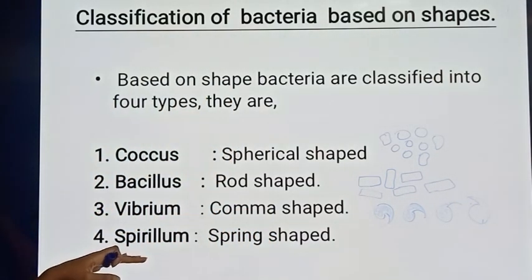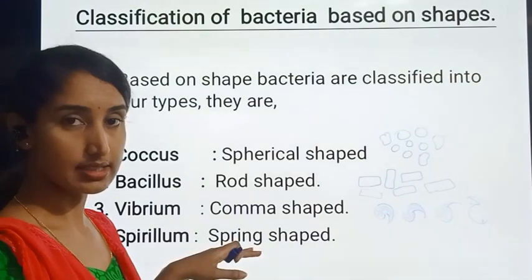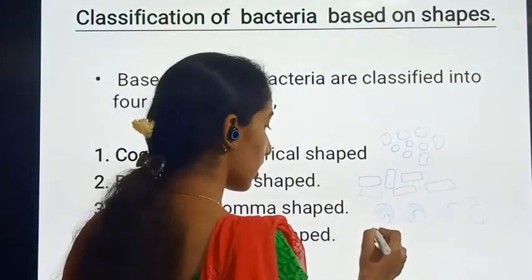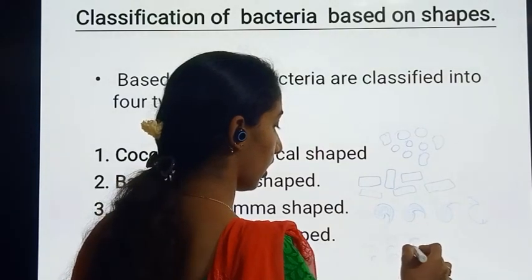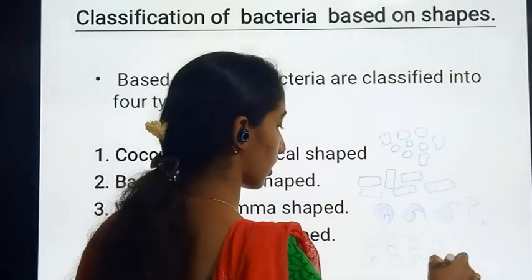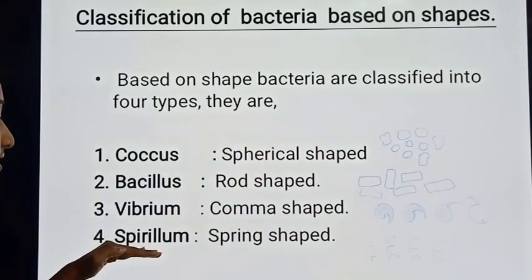And the last type of bacteria is Spirillum, that is the bacteria which are spiral in nature or have a spring-like structure, and those bacteria are called Spirillum.